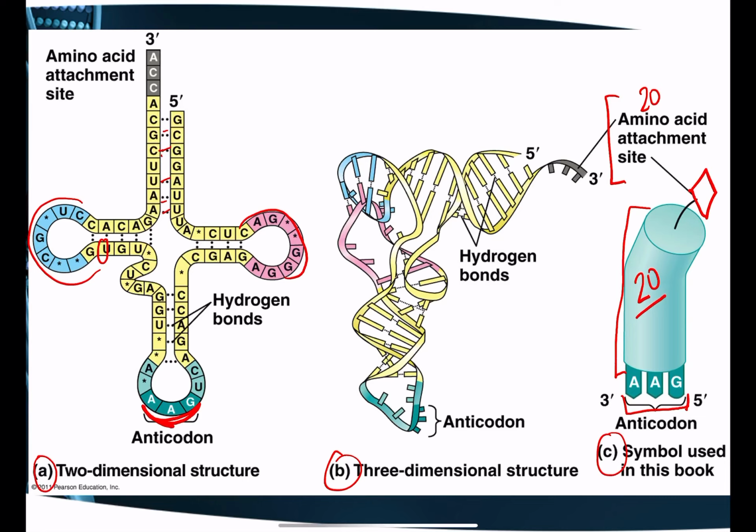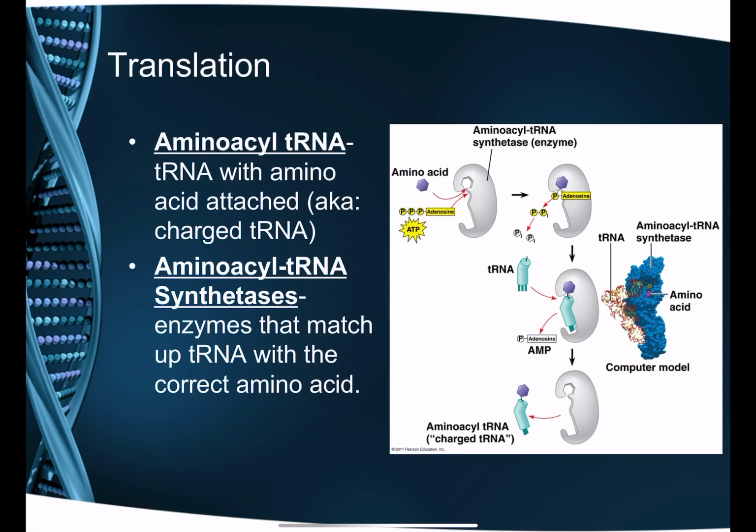So one tRNA that carries serine cannot also carry glycine. It is dedicated to serine. Now, it can carry all of the codes for serine, but it can only work with serine, okay? So that's not super important, but just a little aside there, okay?